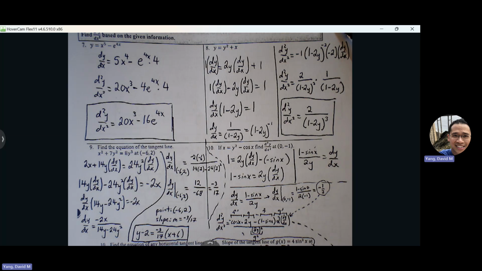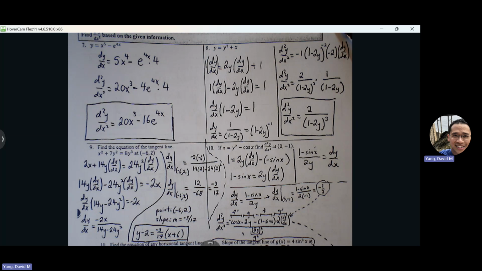And then once I make that substitution and do some cleanup, I can do some merging of the denominator to get 2 over 1 minus 2y. Any questions with 8?